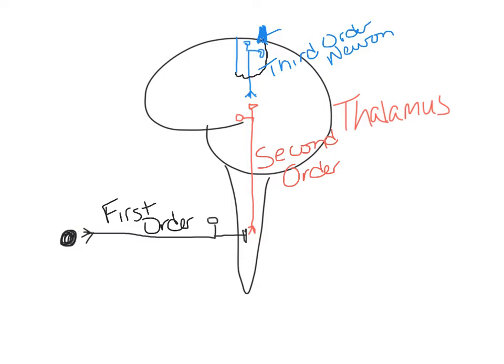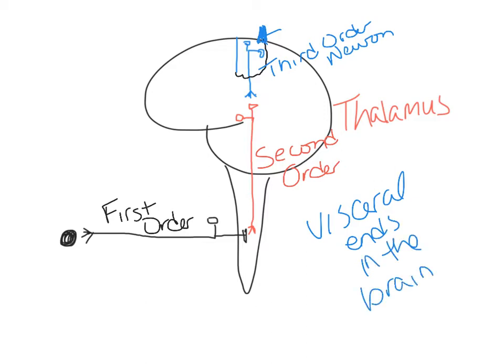There's also a visceral pathway, but that visceral pathway will be sent to the brainstem. So visceral ends in the brainstem, if it is a visceral sensory pathway. Okay?